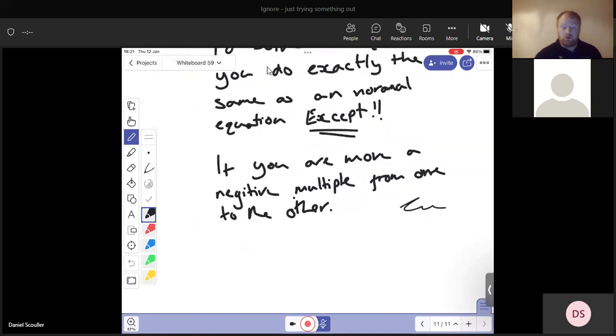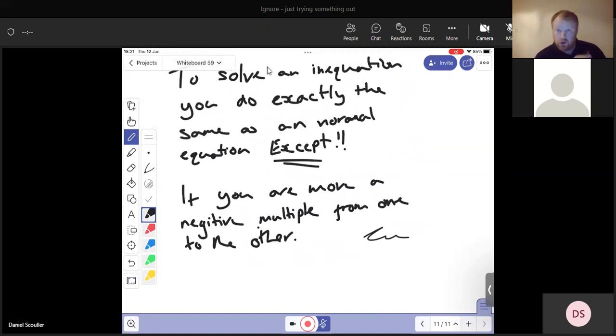Okay, so to solve an inequation, you treat them exactly the same as we were treating equations on Tuesday. When we're moving things from the left-hand side to the right-hand side, exactly the same, except when you see a negative multiple that you have to then move across.